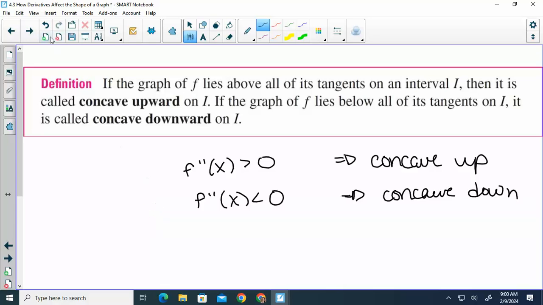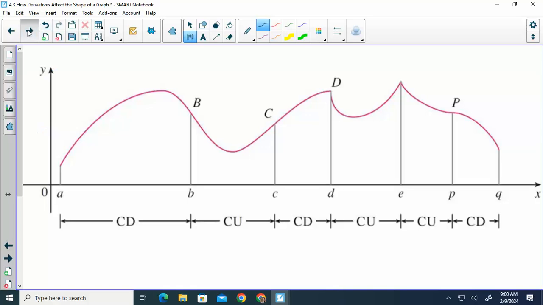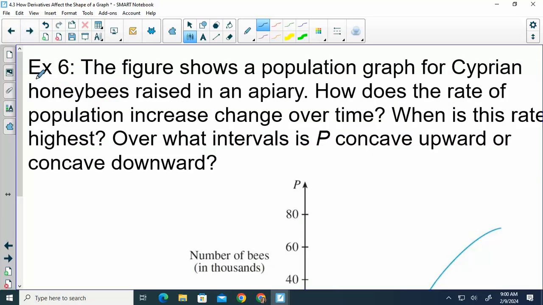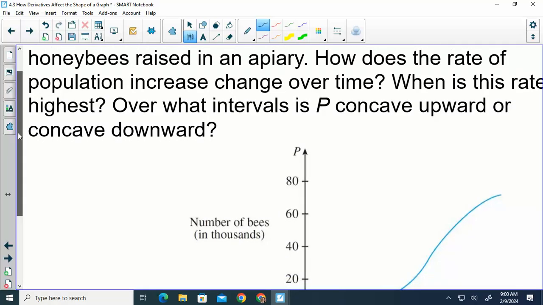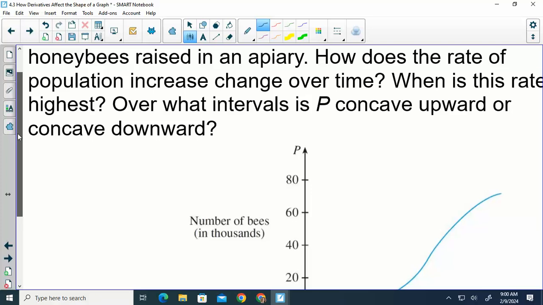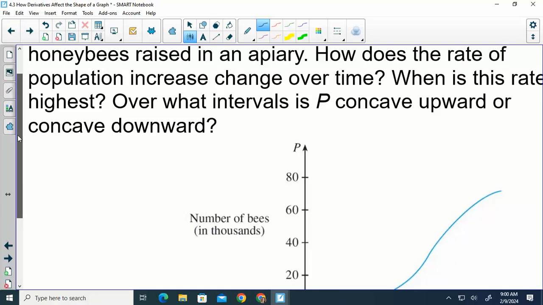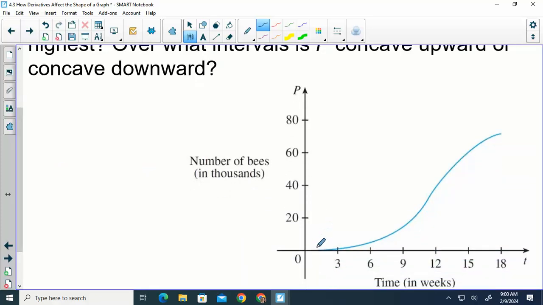So let's look at an example. This figure shows a population of honeybees. How does the rate of population increase change over time? So if I'm looking at this, can we agree that the population is increasing as we go on? Okay, but can you make any more comments about that?